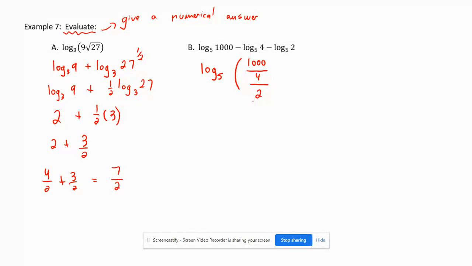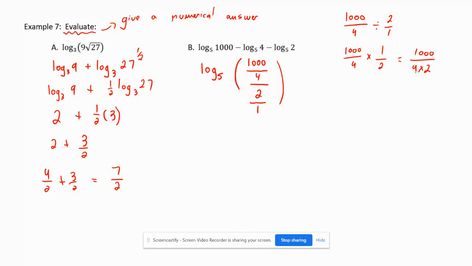I'm going to make this 2 into 2 over 1. And so now it's like having one fraction divided by another fraction. So off to the side, 1,000 over 4 divided by 2 over 1 is the same thing as 1,000 over 4 times 1 over 2, which is 1,000 over 4 times 2.